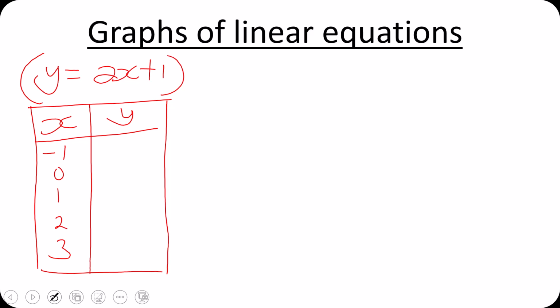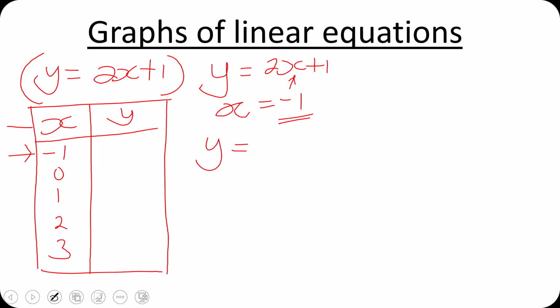If we use our equation, y is equal to 2x plus 1, in this first case, our x is equal to -1. So we're going to come here and put this -1.